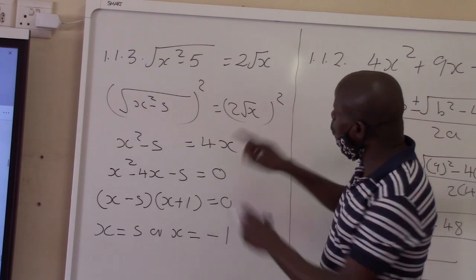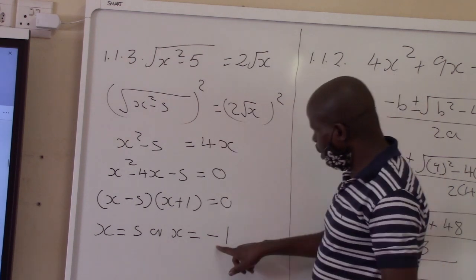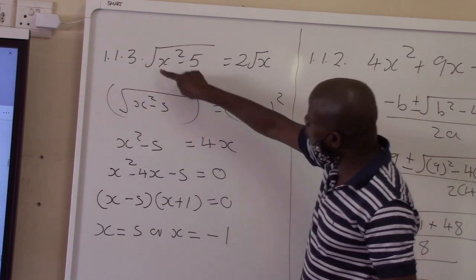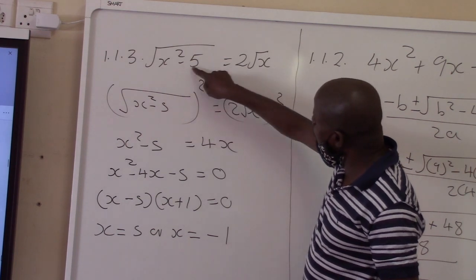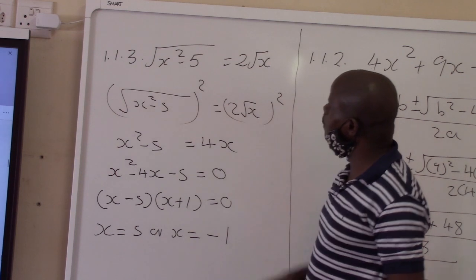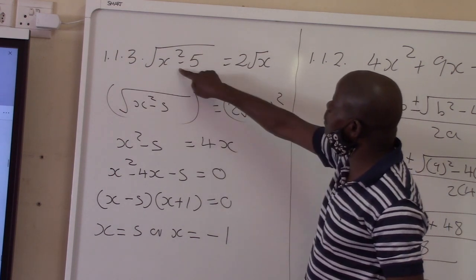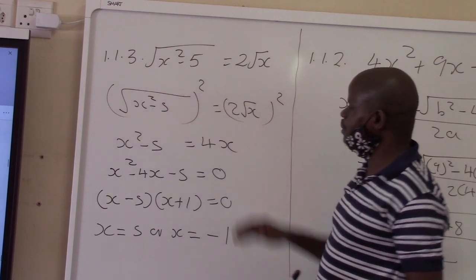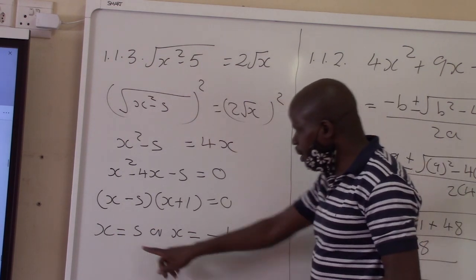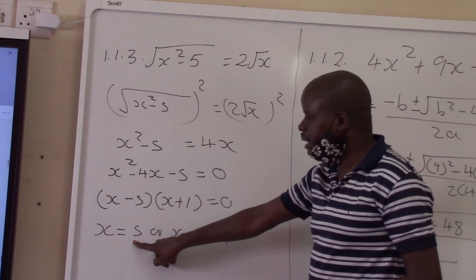But before we check using calculators, we can check with the 1. The 1 here is positive 1. So 1 minus 5 is negative 4. If it's negative 4, it's already out, because the square root of a negative number is non-real. So we are left with this one.